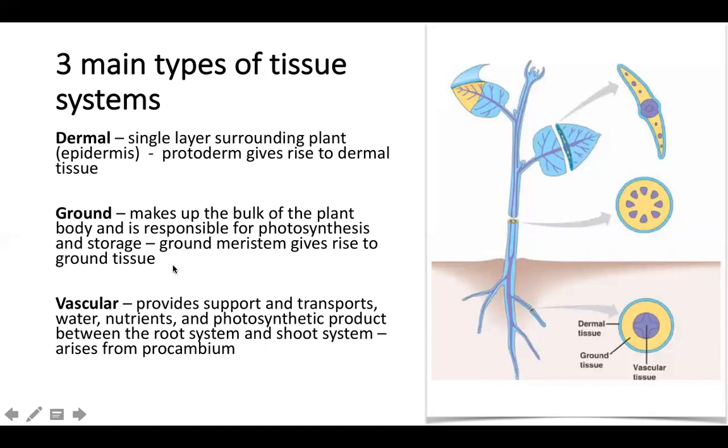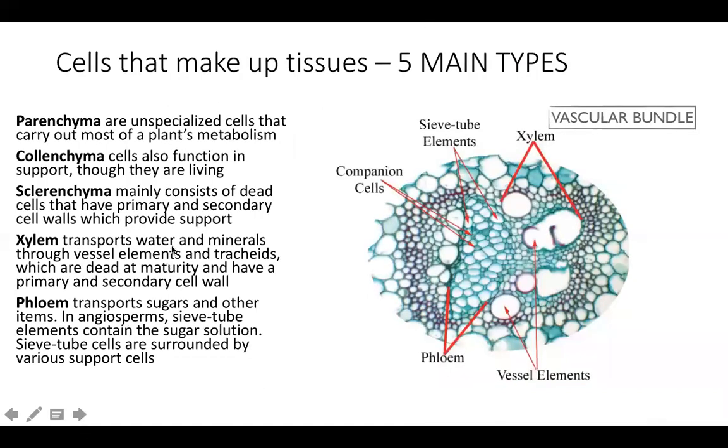We'll be looking at that in lab today, along with the differences that come with being a monocot and being a dicot. A couple other things you might want to note are the different cells that make up different tissues. We have a bunch of different cells that I'll talk about briefly. First, our parenchyma, collenchyma, and sclerenchyma are all ground tissue cells, and they all serve a different function.